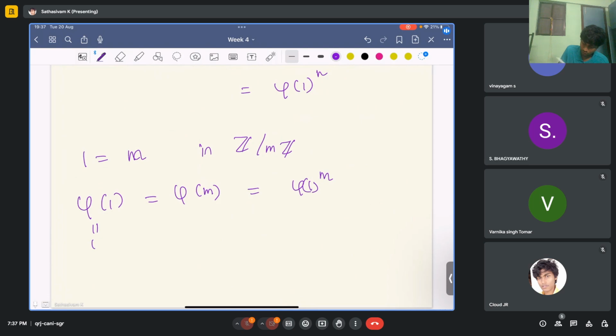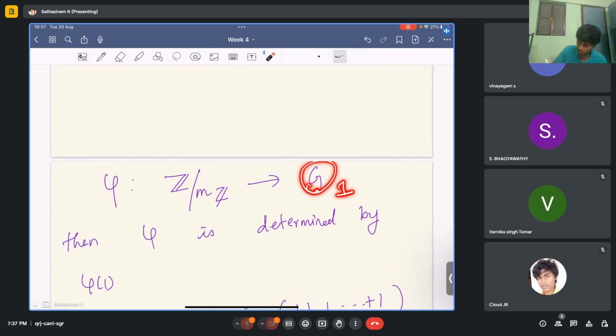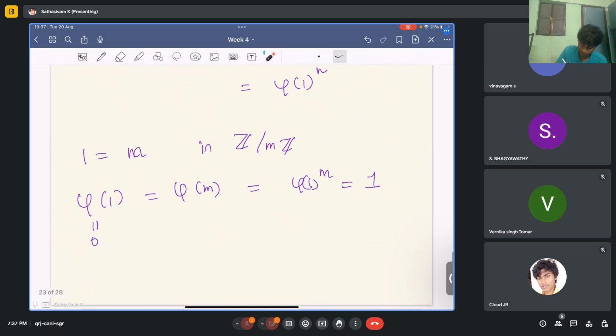But 0 is equal to m here, and I'm writing G as a multiplicative group with identity 1, while here I'm seeing it as an additive group. So phi of 0 has to be 1.